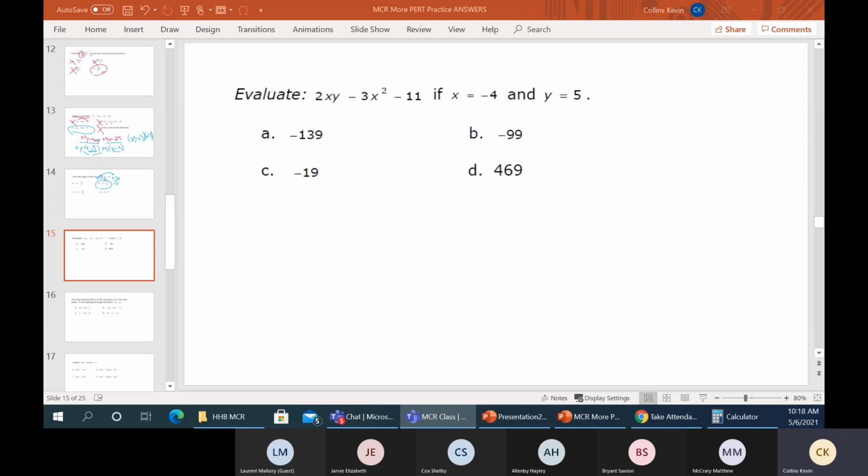All right, so we got a vote for A, we got a couple votes for B. So let's just plug the stuff in and see what happens.